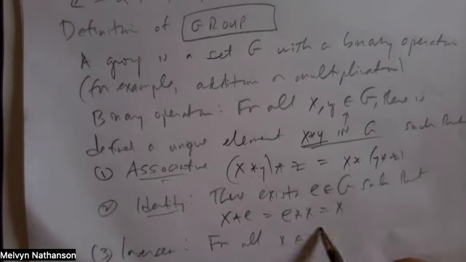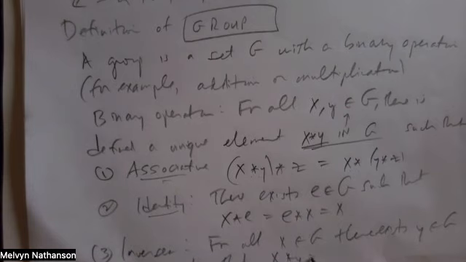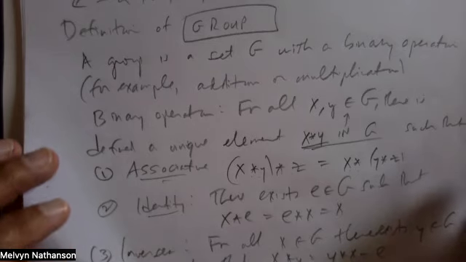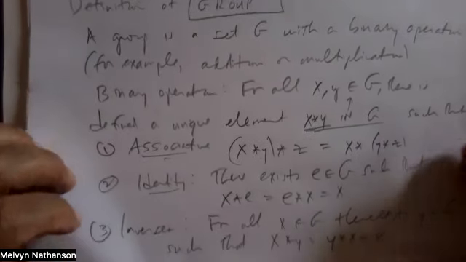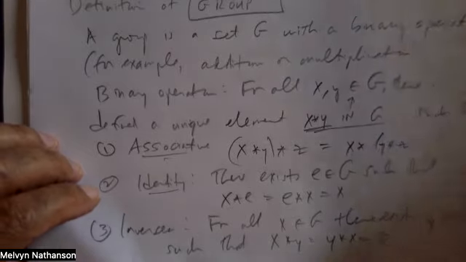For all x in G, there exists an element y in G such that x times y and y times x are both equal to the identity. So a group is a set with a binary operation that satisfies these three properties.